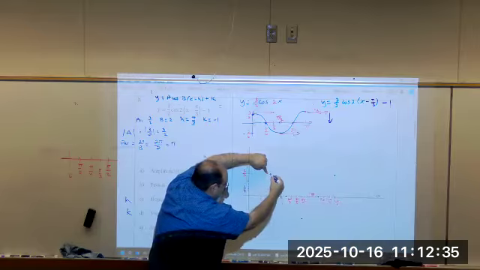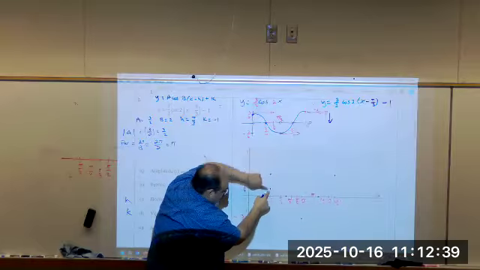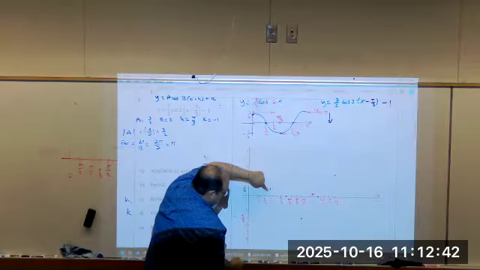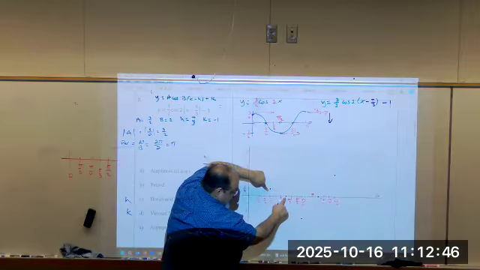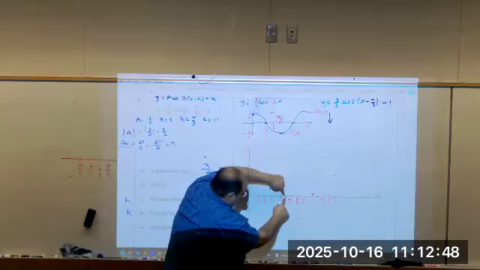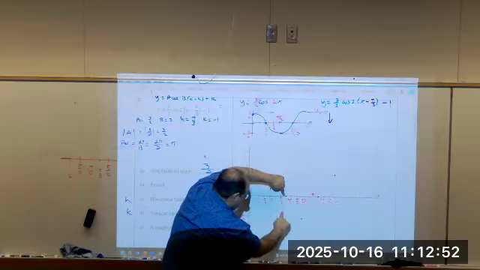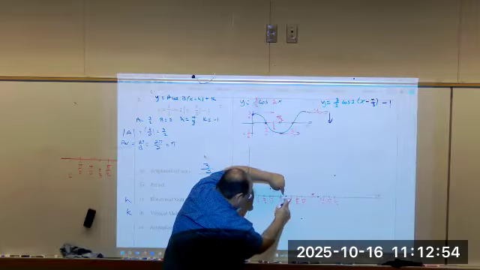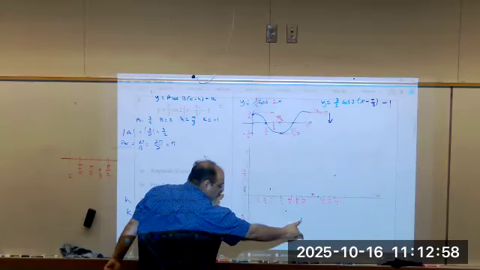This is negative 1, right there. This used to be a negative 3 over 2.